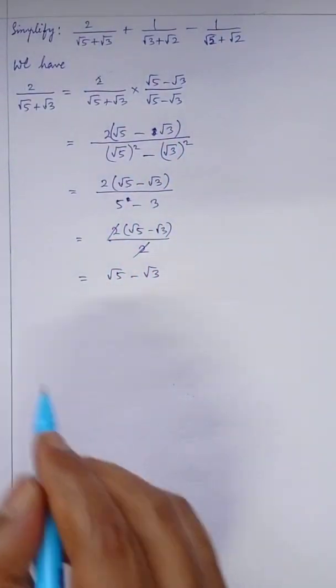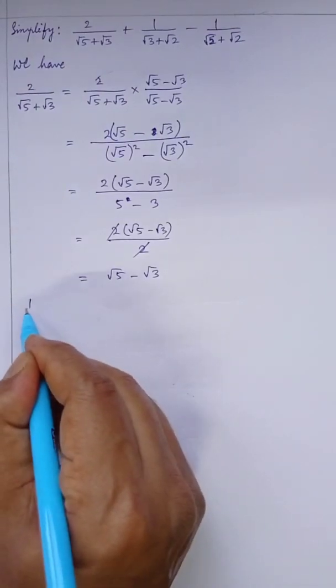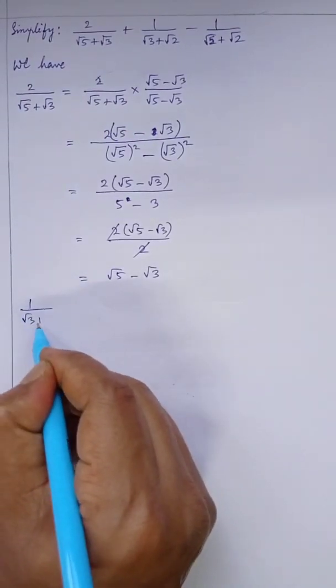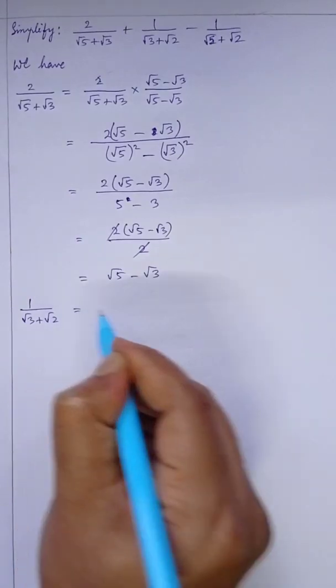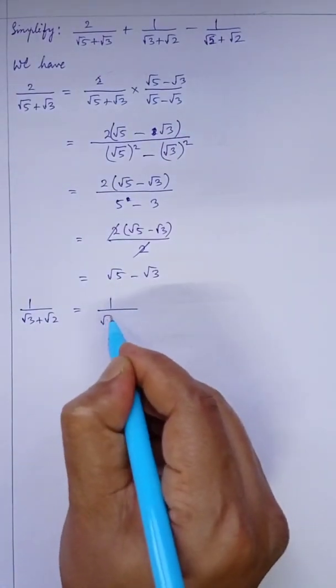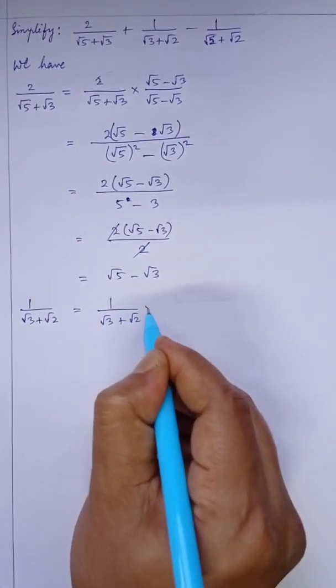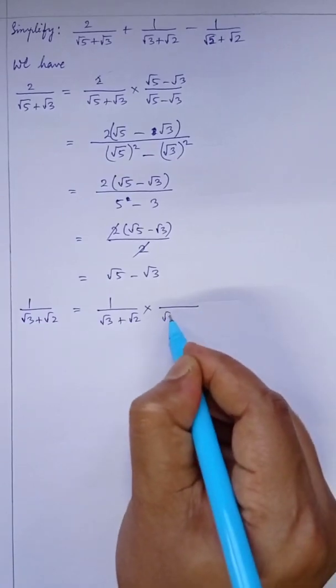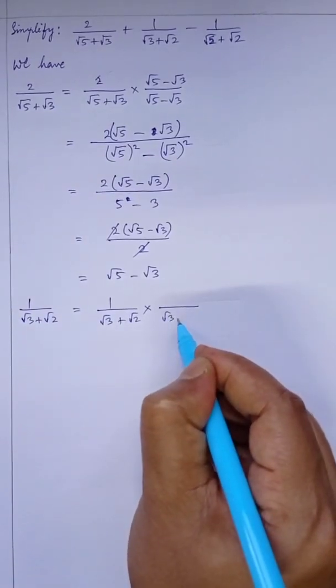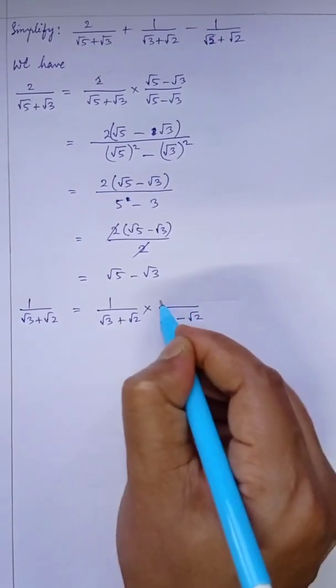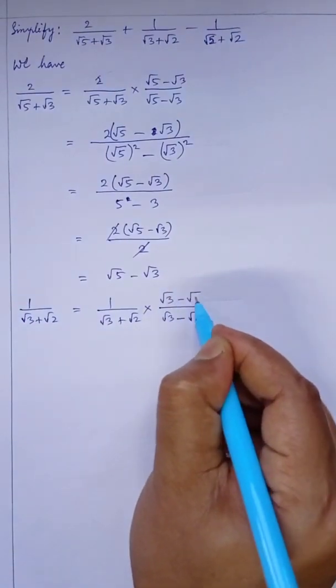Then the next one is 1 by root 3 plus root 2. This will be just like the previous one. We'll just rationalize the denominator by multiplying and dividing with the same number having the opposite sign.